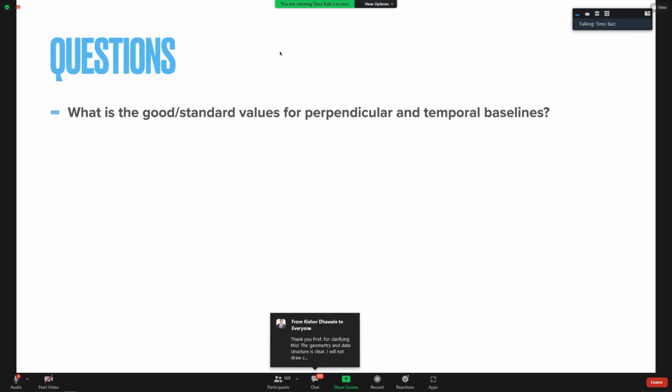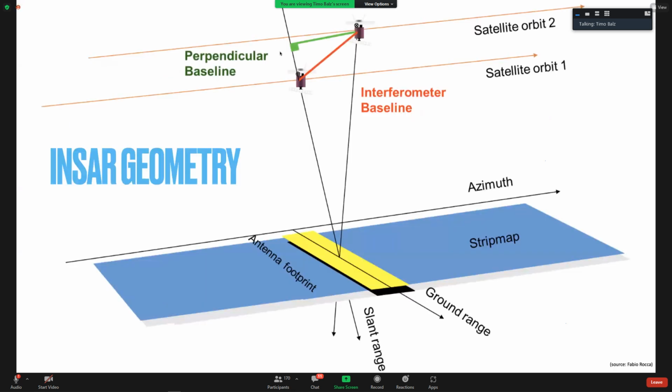Right. Now, another question is on the perpendicular and temporal baselines. What are good values for those? So just to repeat from last time, what is the perpendicular baseline? When we talk about SAR interferometry, we need two images to form an interferogram.